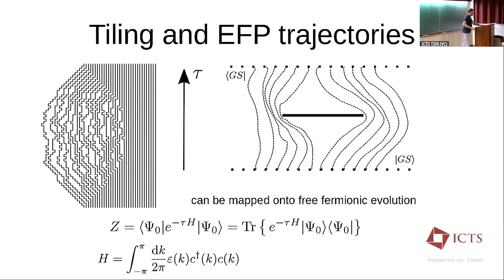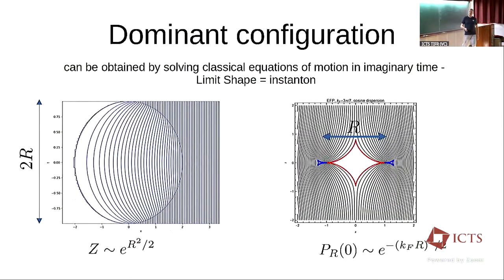And here is an example of such an instanton configuration for the Arctic Circle. And this is the beautiful picture of configurations of lines going around the interval at tau equals 0, producing the emptiness.